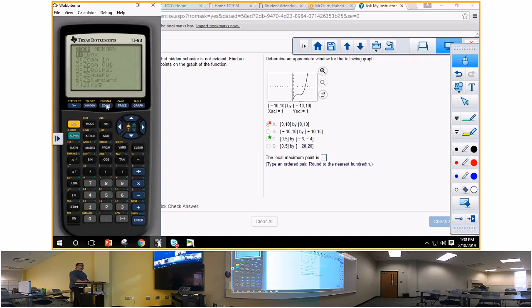Hidden behavior is what you see after you blow it up. So I'm going to zoom in even further with the box, get the y-intercept in and then the x-intercept. I'm making my windows smaller, and you're going to see the hidden behavior.